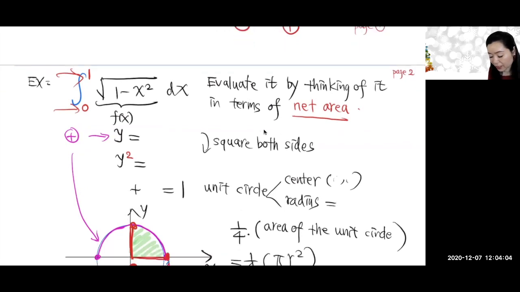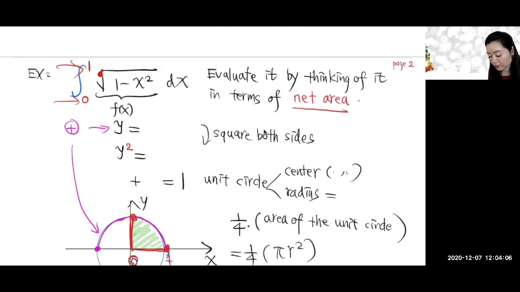First of all, this is the function that we integrate, so this is f of x, which means the same as y equal to the positive square root of 1 minus x squared.